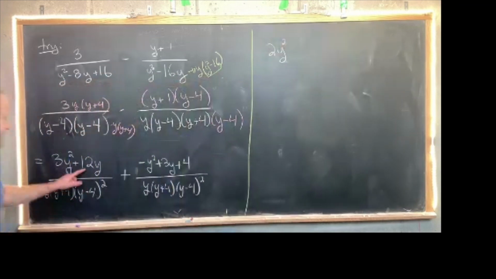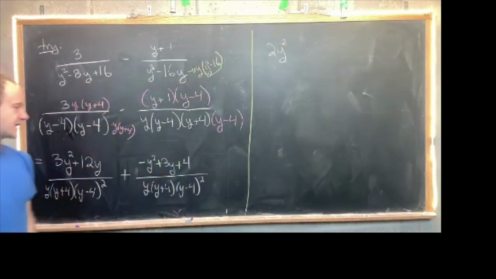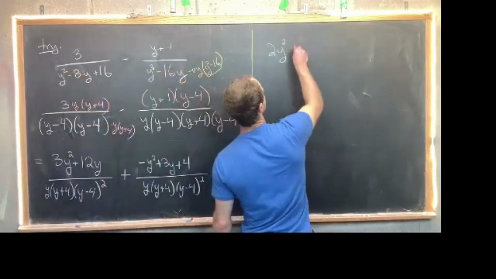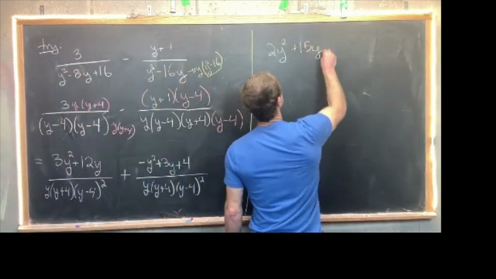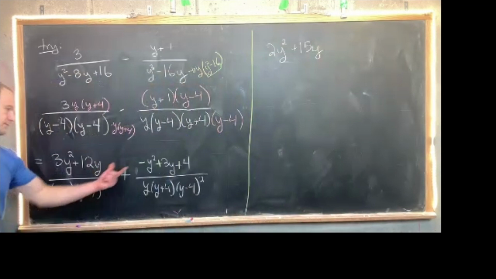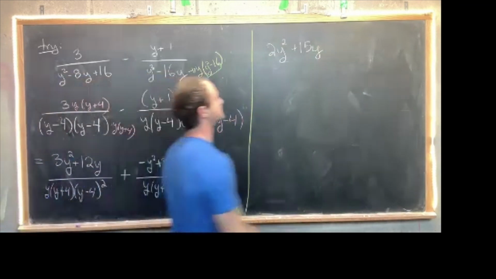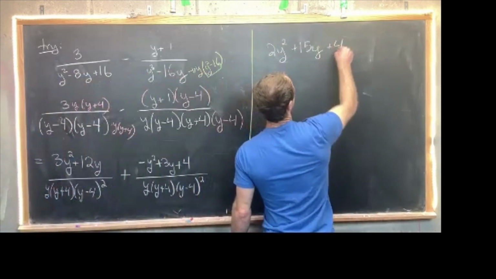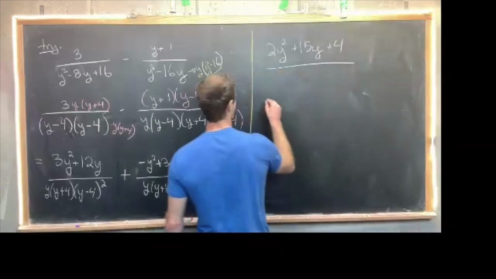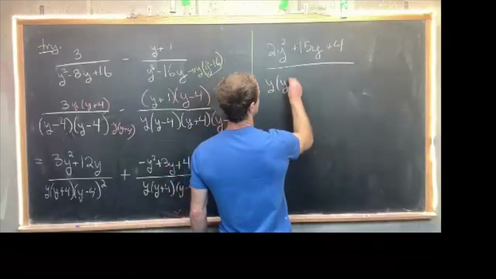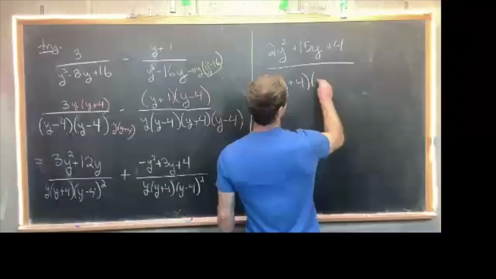I have 12y plus 3y. So that's going to be 15y. And then I have, well, 4 is what's left. So plus 4. And then this is going to be all over y times y plus 4 times y minus 4 quantity squared.